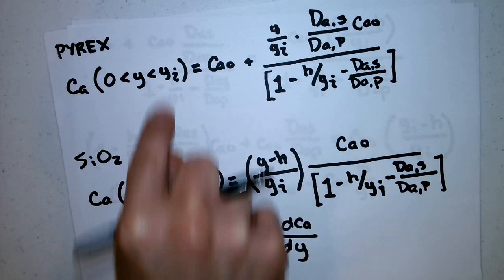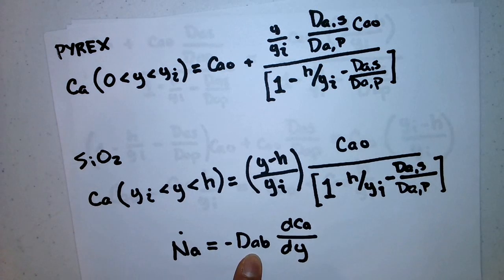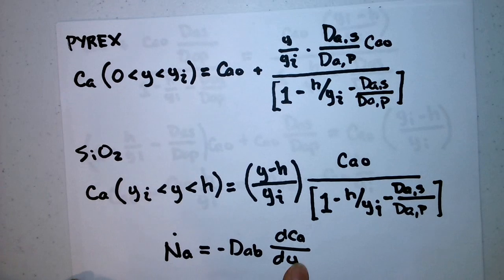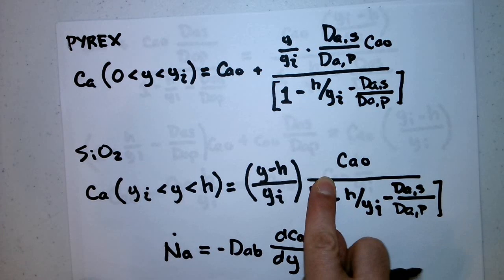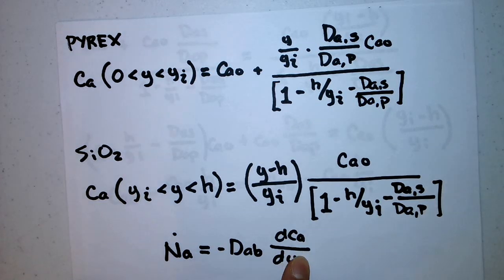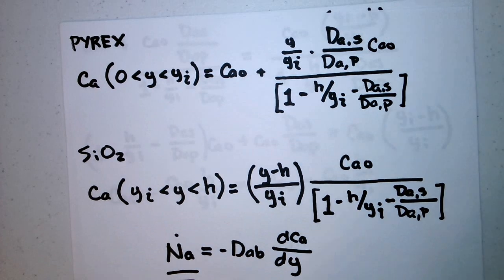So whichever material we choose, it'll be that diffusivity, times the slope. So each of these has its own slope, and what we need to do is take the first derivative of either of these functions, and we can figure out, does this molar flux match what we got with the resistance network? And I'll leave that to you guys.